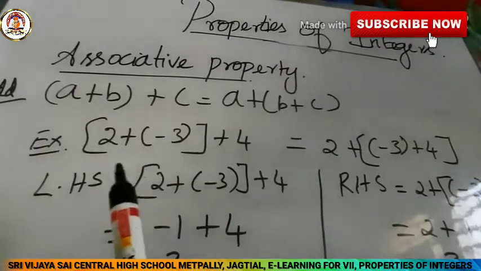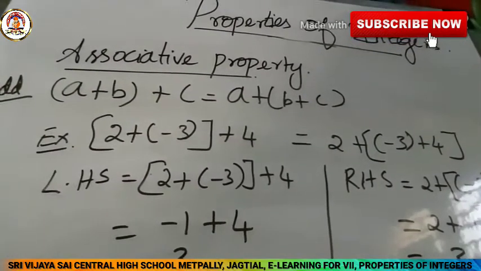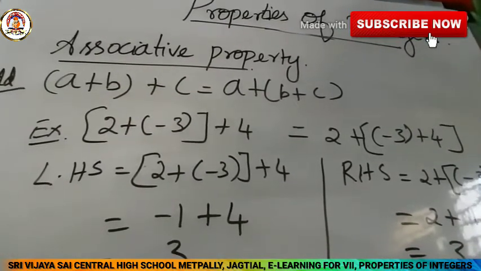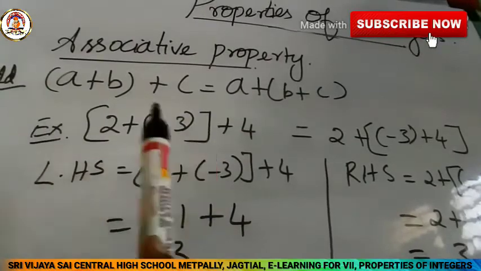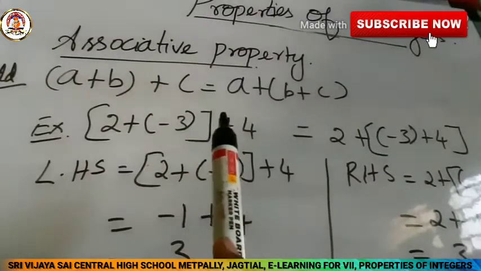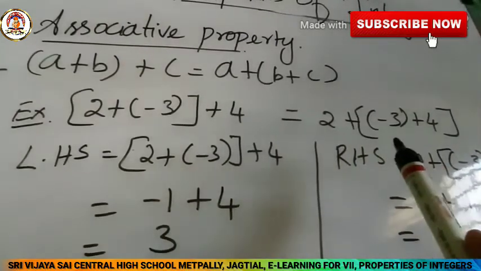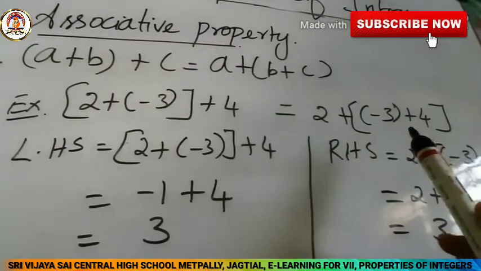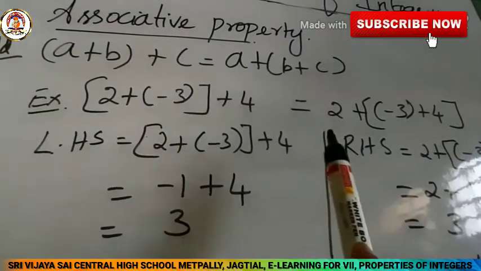Here we are associating the numbers, so the property name is associative property. Using numbers, we do an example: 2 plus -3 in brackets, plus 4, is equal to 2 plus the bracket of -3 plus 4. We are going to find whether this is true or not.